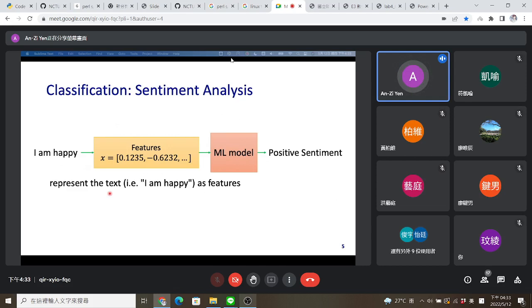And for this task, we will use a logistic regression classifier, which assigns its observations to these two distinct classes, like positive sentiment, or you can say the label of 1, or negative sentiment, which is a label of 0.